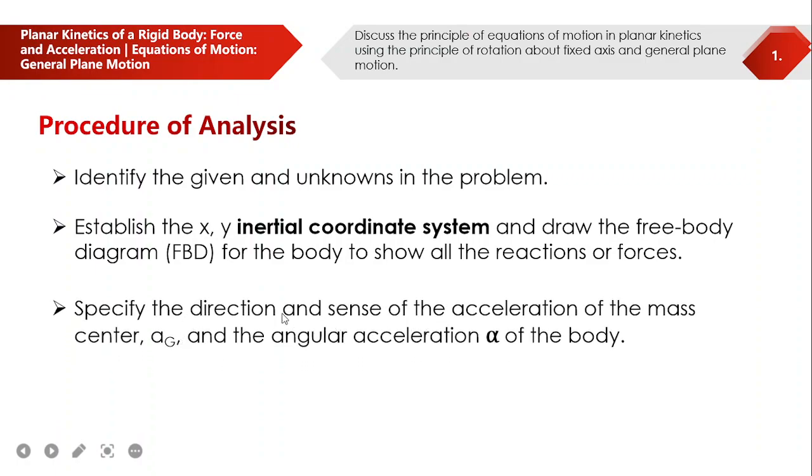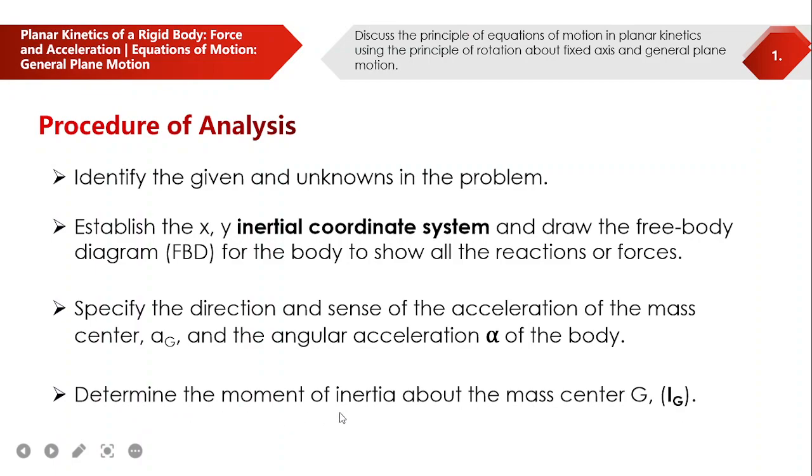Specify the direction and sense of the acceleration of the mass center, a sub g, and angular acceleration, alpha, of the body. And determine the moment of inertia about mass center G. Okay? Alam na natin yung paano pag-solve ng I sub G. If we're going to use the radius of gyration, yung mass niya mismo, yung distance about the point G. So that's how you solve for I sub G.